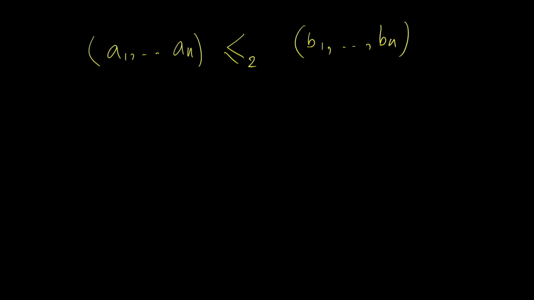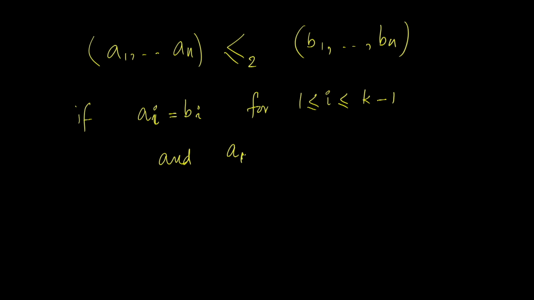So according to this ordering relation, we said that A1 through An is less than or equal to B1 through Bn if Ai equal to Bi for 1 less than or equal to I less than or equal to k minus 1 and Ak is less than or equal to Bk.